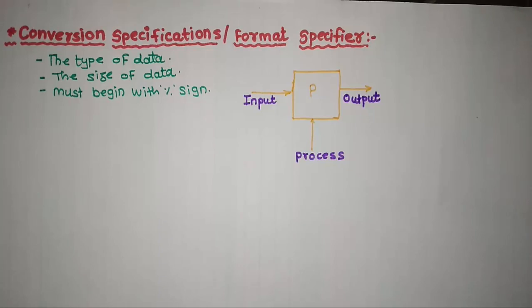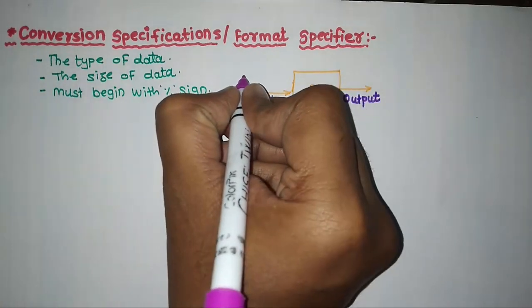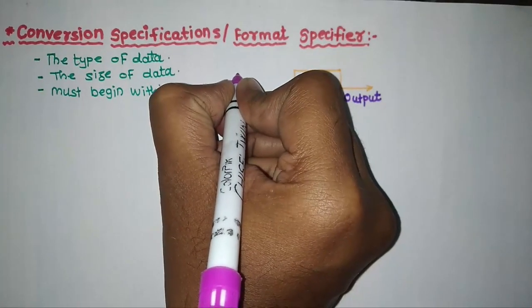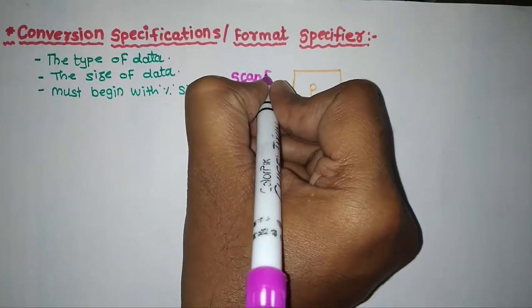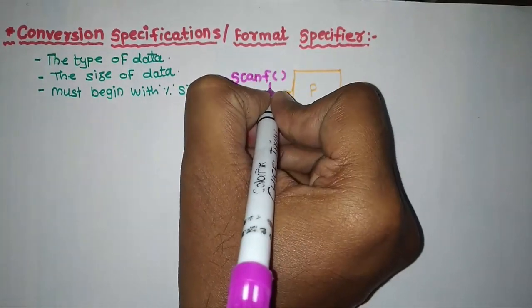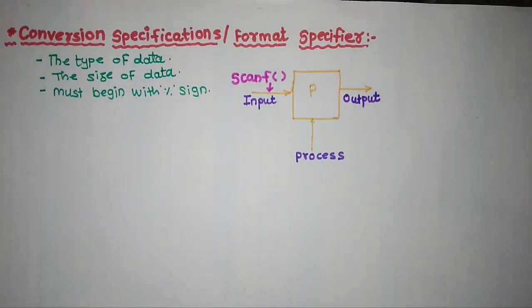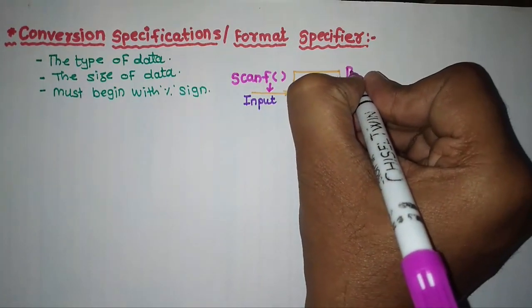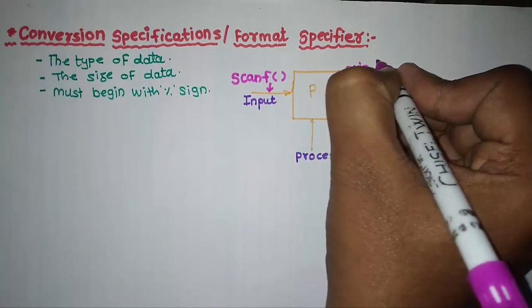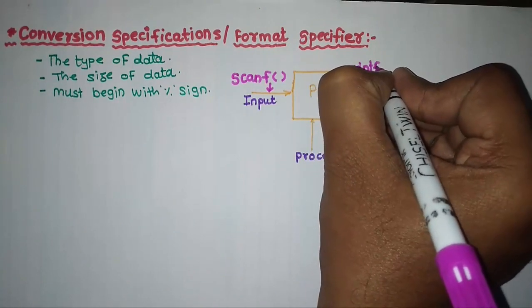Here, whatever input activity is there is done with the help of a function, and that function is basically called the scanf function. Whenever data is given as an input in a program, it is given with the help of the scanf function, whereas to display the output on the output terminal, the printf function is used.